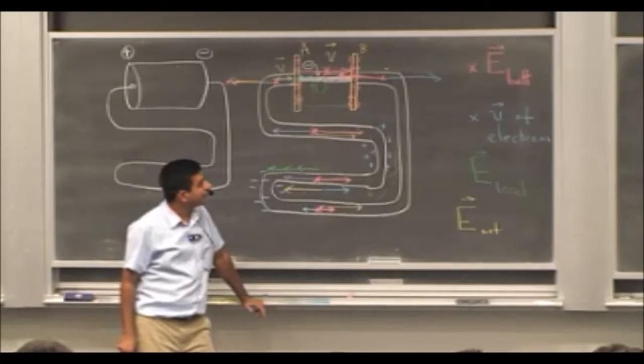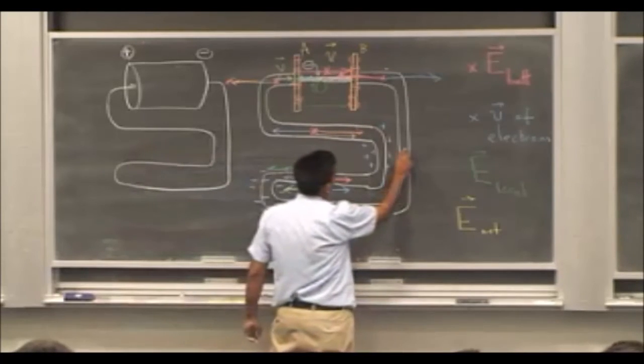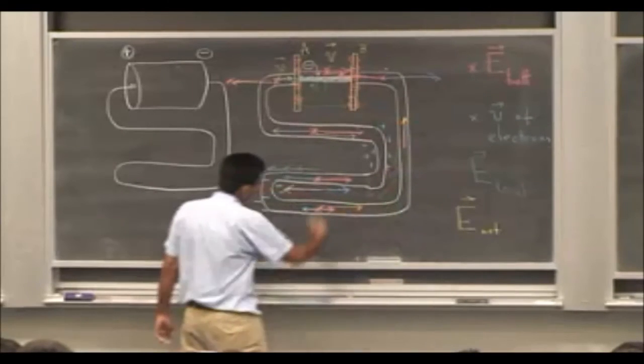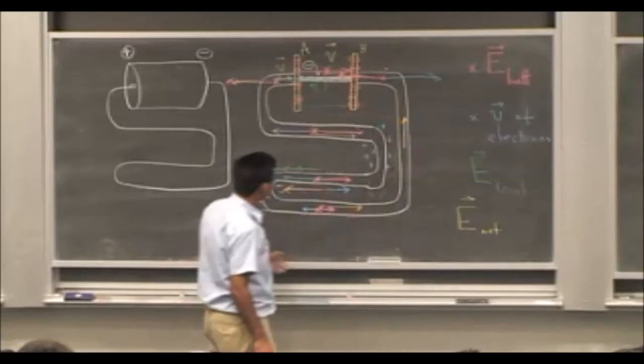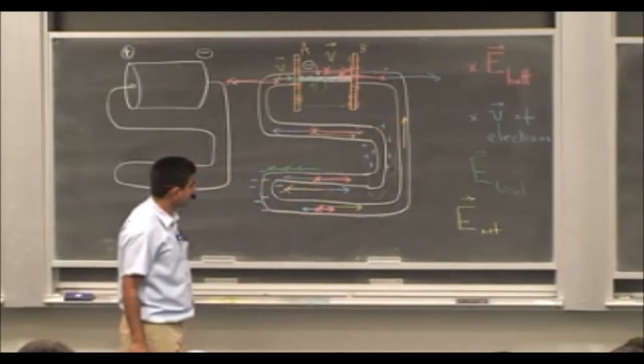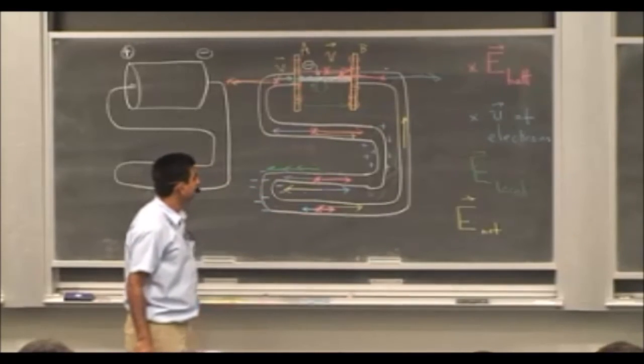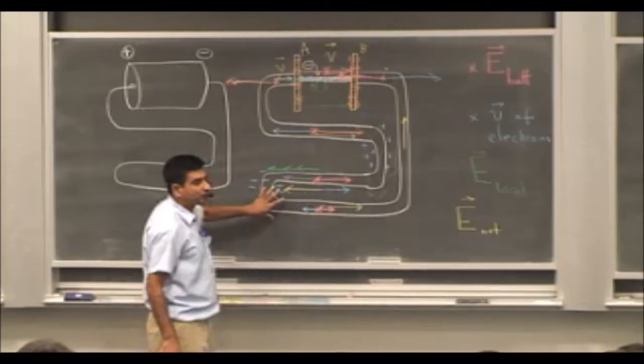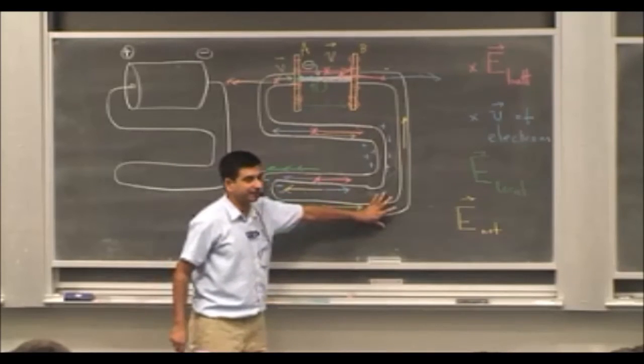Okay? So if the electric field here is pointing in this direction, there has to be a distribution of charge. So the electric field is pointing in this direction, which means that this is more positive. If this is more positive, then this is more negative.